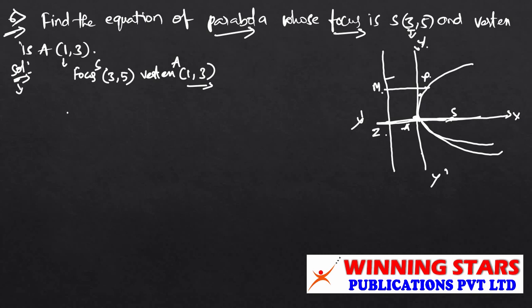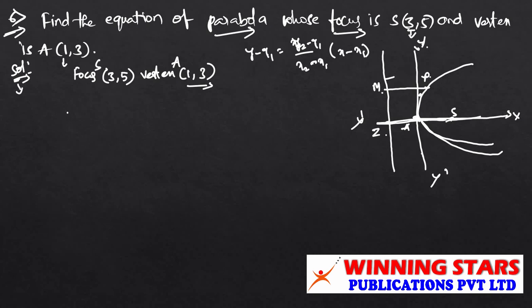The general form of the equation is y minus y1 is equal to (y2 minus y1) by (x2 minus x1), into (x minus x1). We already know this formula; we discussed it in the 10th class, in coordinate geometry.